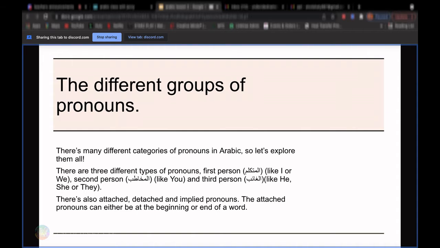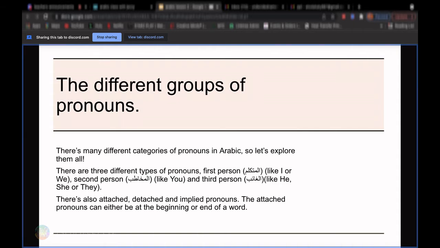And then third person, like he, she, they, it, except we don't have an it in Arabic. This is the more complex category because you get many more pronouns in the third person category.